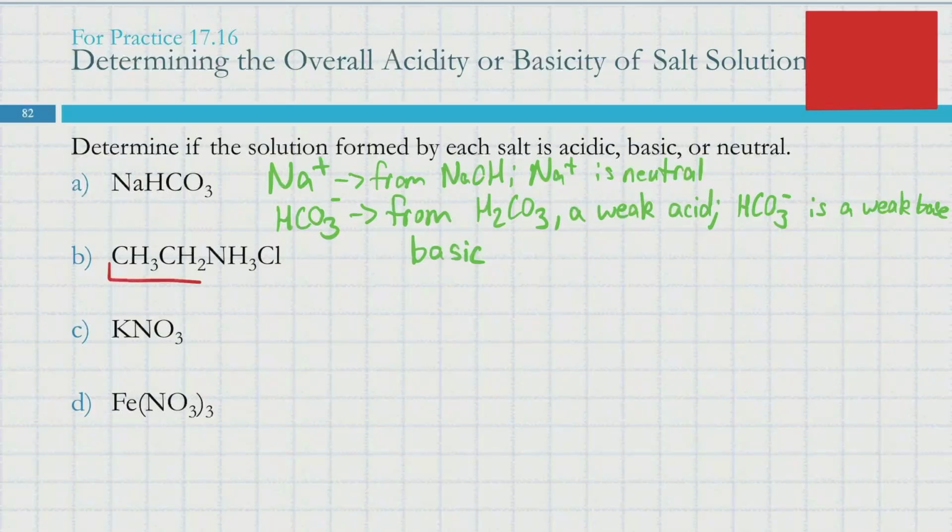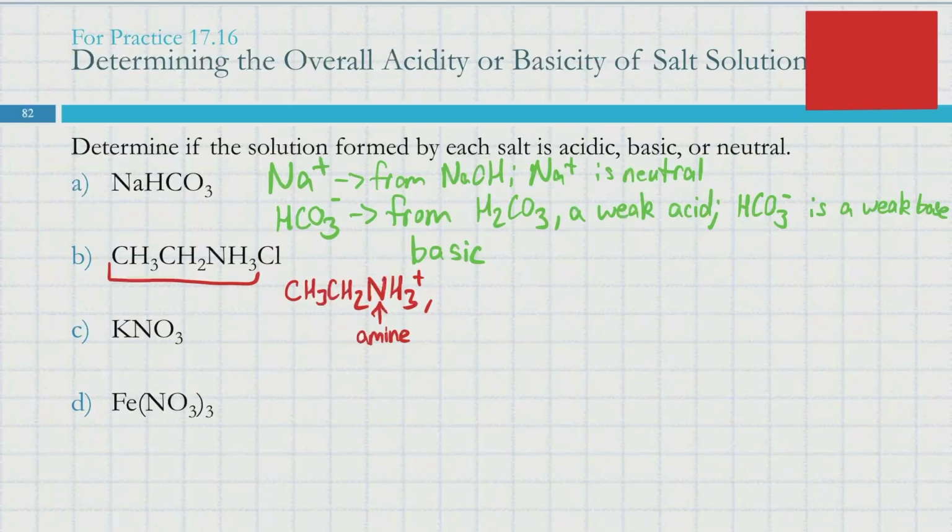And then in B, our positively charged ion here, our cation, is ethyl ammonium. So we've got CH3CH2NH3 plus. It's an amine because it's got the nitrogen, and it's got a positive charge.